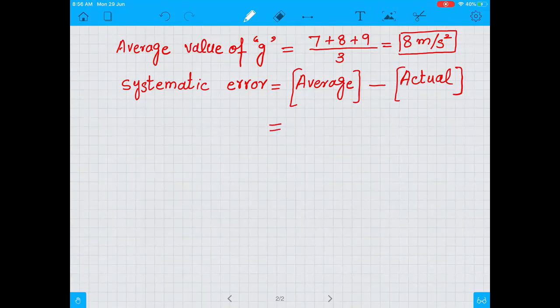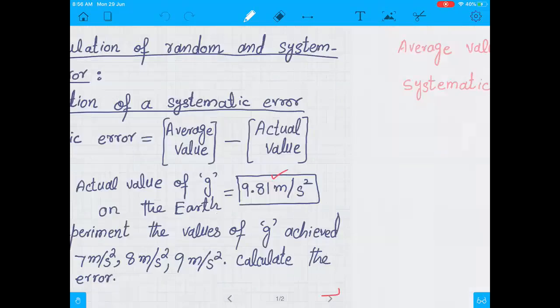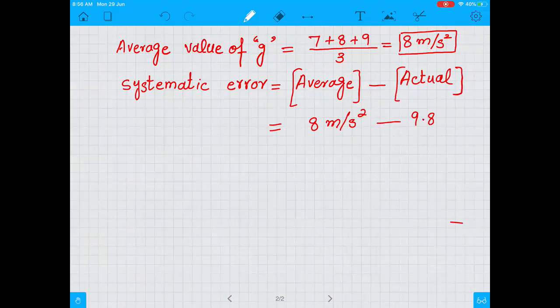Here you see the average value is 8, the actual value is 9.81 or 9.8 meter per second square. Now the answer would be 1.81 meter per second square. If you round it off to one significant figure, then it would be 2 meter per second square.